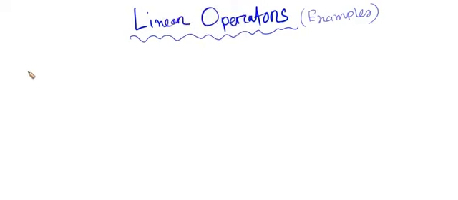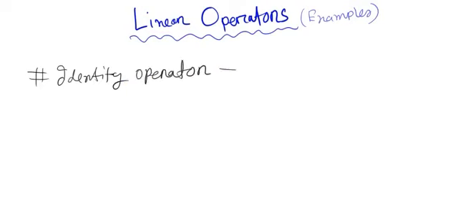So we'll start with the identity operator. You can denote it with I, and it is defined by the following action. Let's say you have this identity operator that is acting on a cat. It leaves it alone.